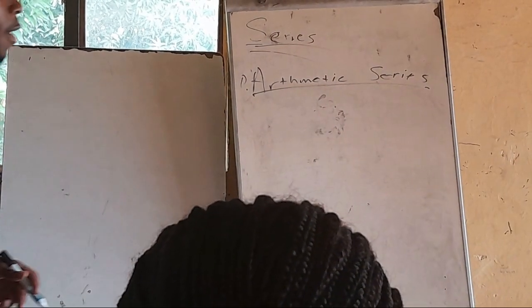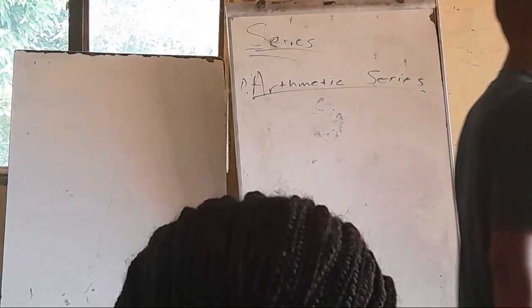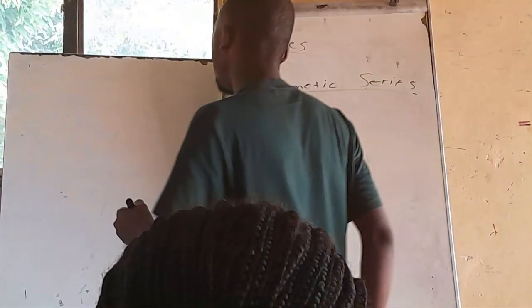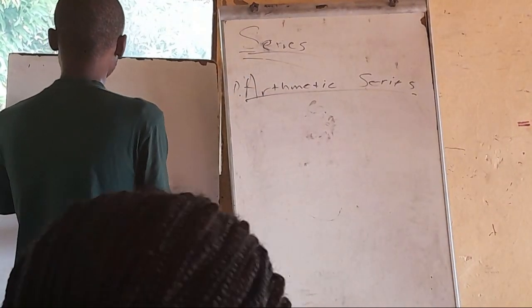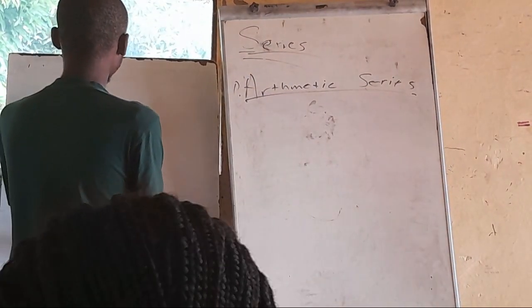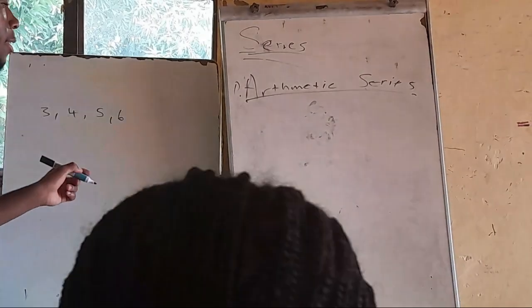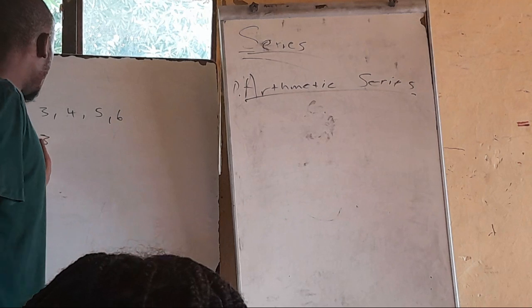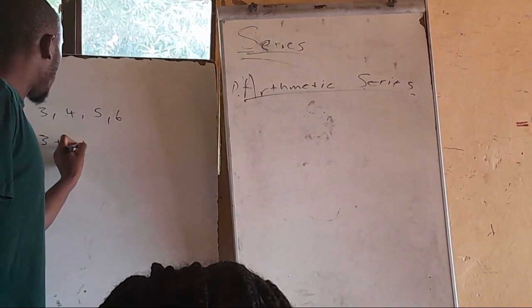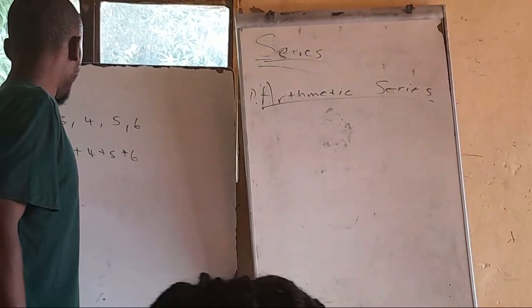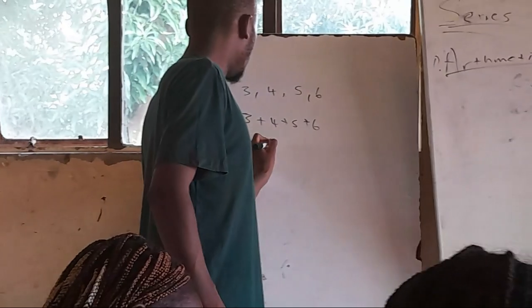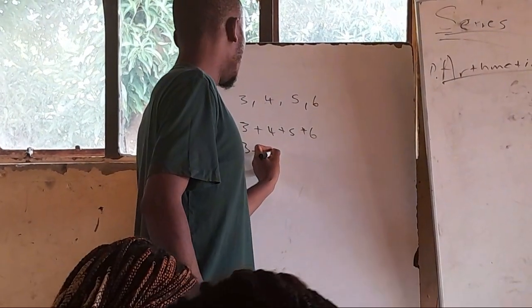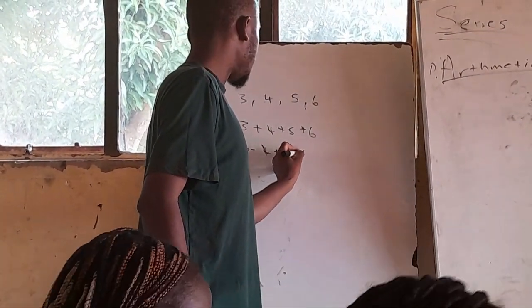Here in series, the difference between a series and a sequence: a sequence is more like 3, 4, 5, 6. But a series you see by 3 plus 4 plus 5 plus 6, or 3 minus 4 plus 5 minus 6.